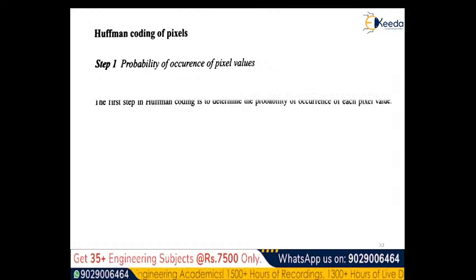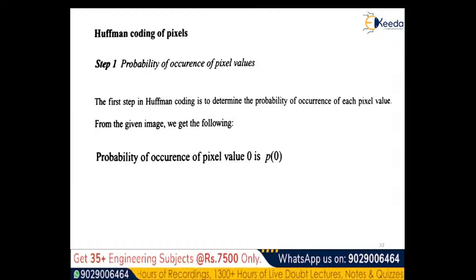So here we go for the probability of occurrence of the pixel value 0, that is P of 0. As I have discussed and as you have seen in the problem statement, it occurs only a single time, the fourth row, fourth column entry. Hence the probability of occurrence of the pixel value 0 is equal to 1 upon 16.